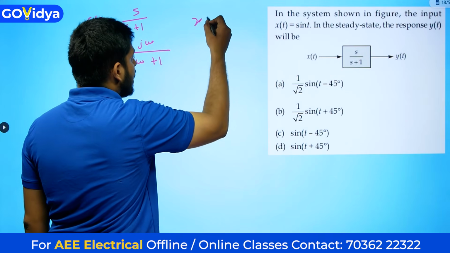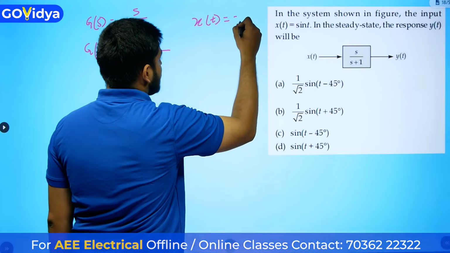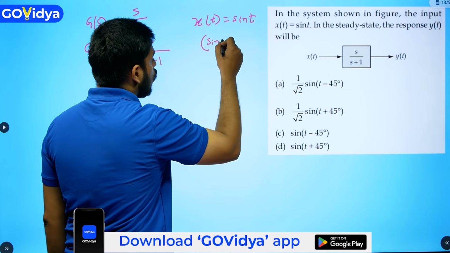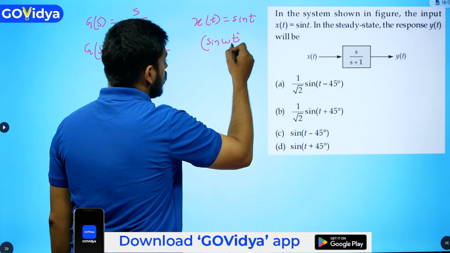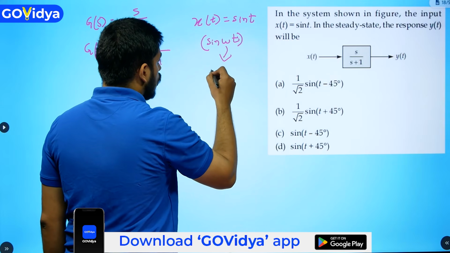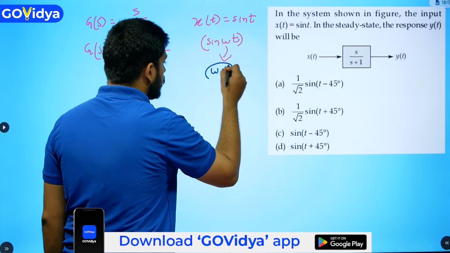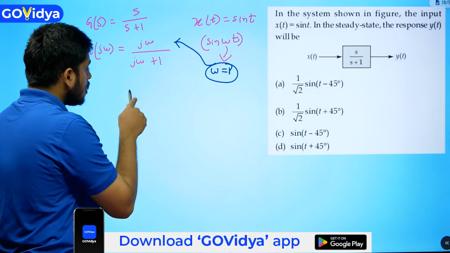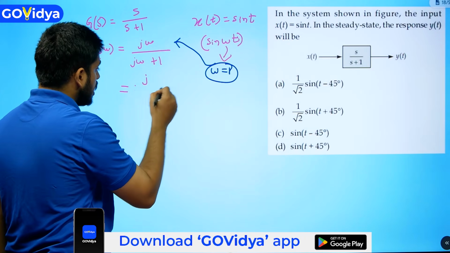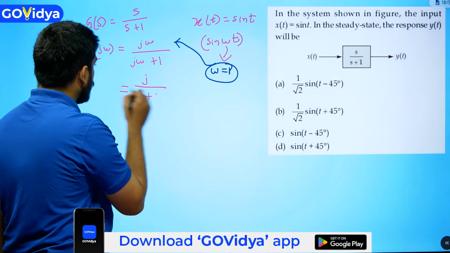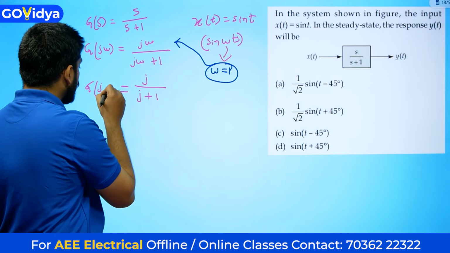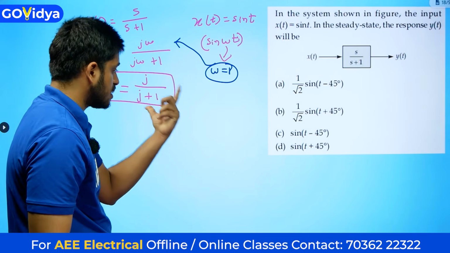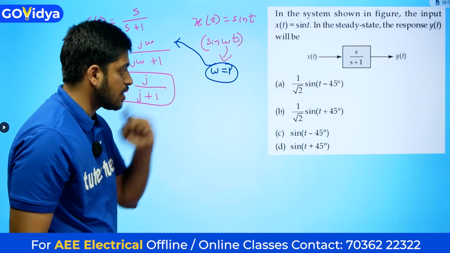Already we have x of t equals sin t. From this, it is of the form sin omega t, where my value of omega is equal to 1. So put this value here. Understood? When we put 1, we get g of j omega equals j by j plus 1. This is the first preliminary equation which we are going to get.